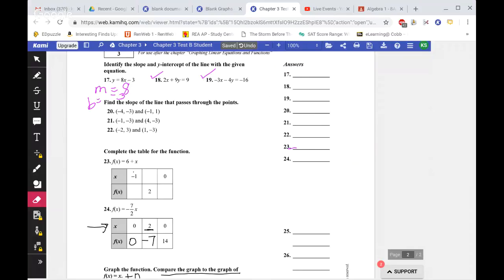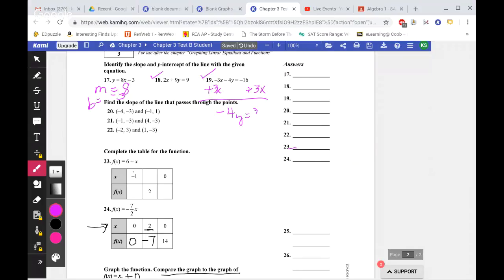All right, let's do this one. We're going to add 3x to both sides. Got -4y equals 3x minus 16. Divide everything by -4.